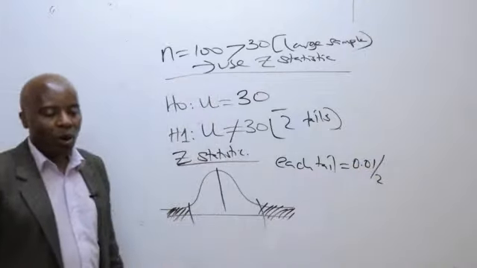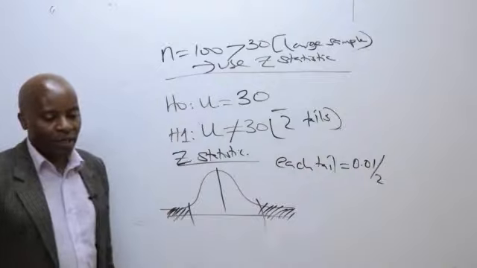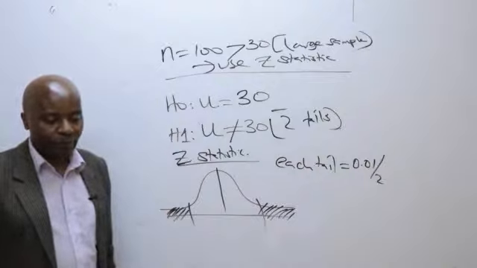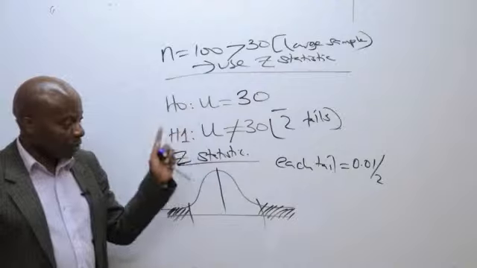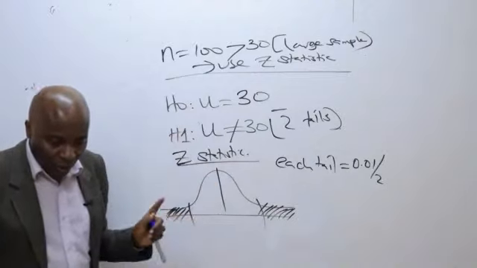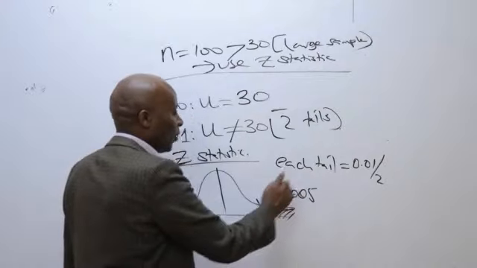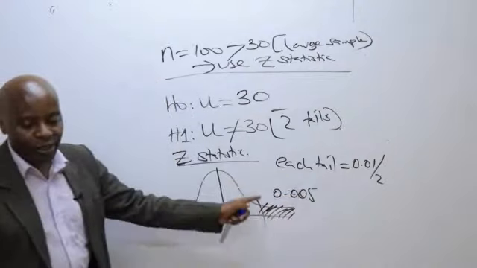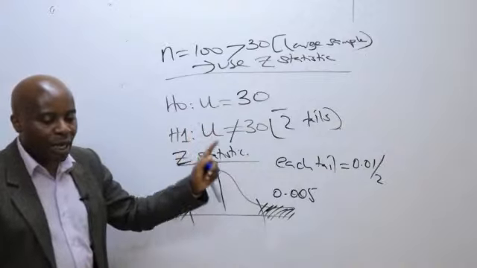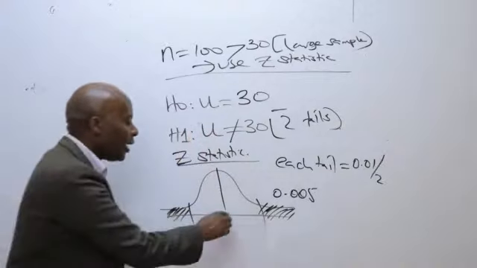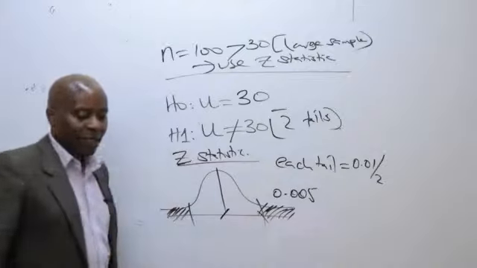What does that give you? You have to be careful. 0.01 divided by 2 gives me 0.005.